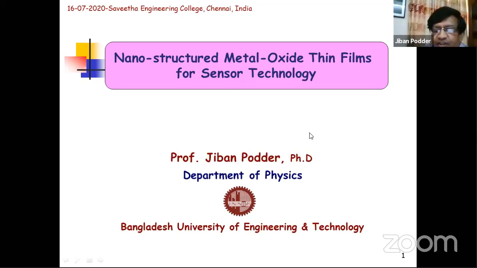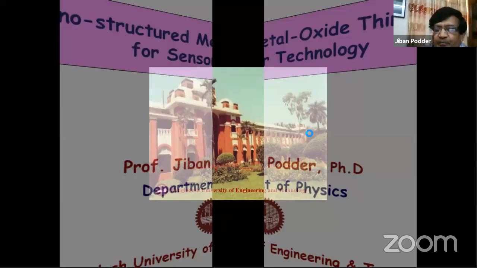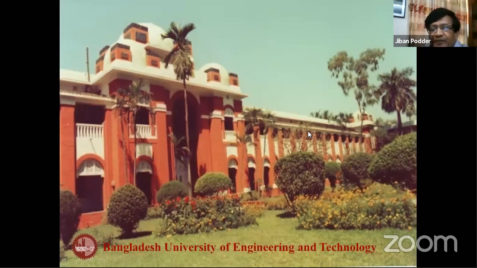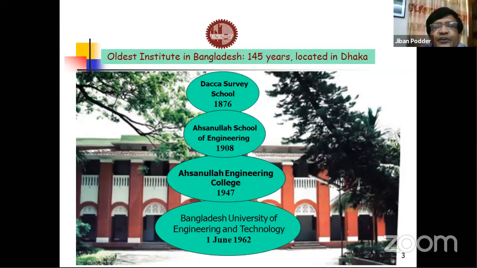So before I deliver my presentation, let me first introduce my institution, where I am from. Bangladesh University of Engineering and Technology is the oldest institution in Bangladesh. It is about 145 years old, located in the capital of Bangladesh.